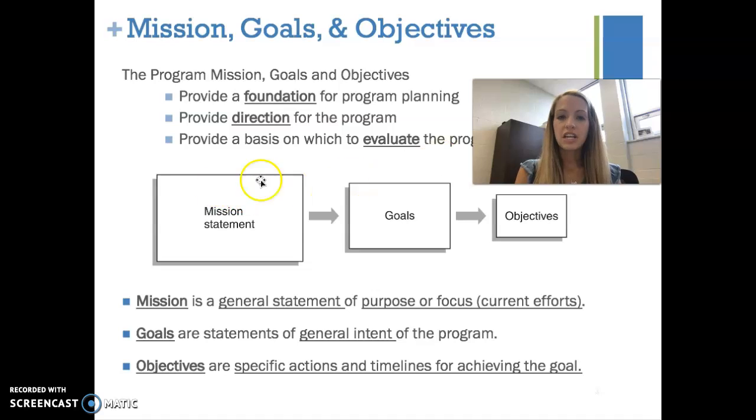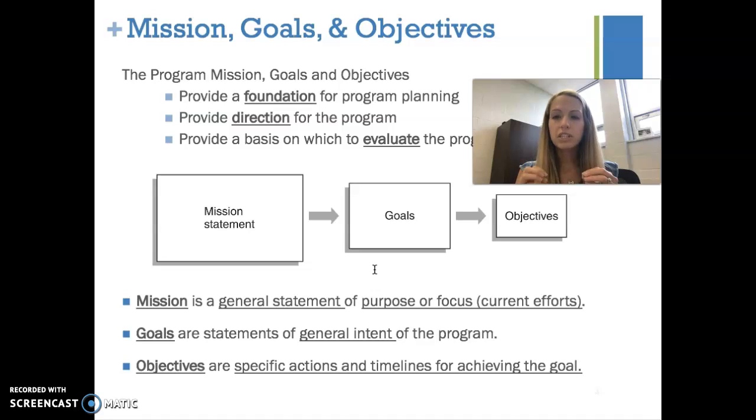So our mission statement. Our mission is going to be that general statement of purpose or our general focus, okay? So it's a very broad statement. It's kind of the overarching idea behind our program. Then we have our goals. These are our statements of general intent for the program.